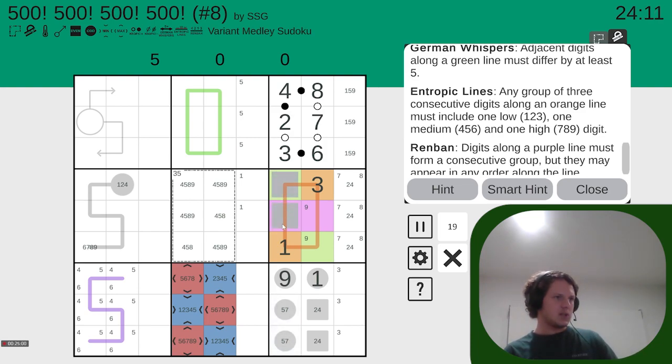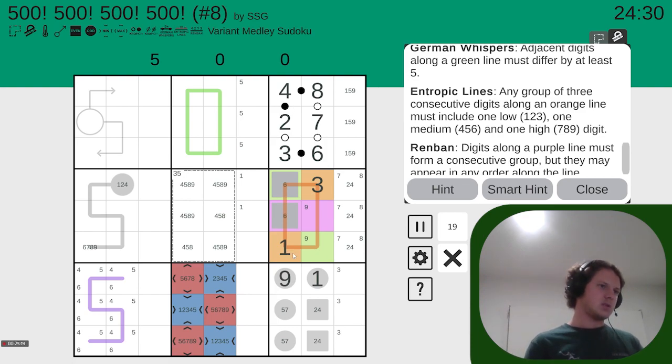So this will tell us about the nature of this. So this has to be now a 6. 4, 5, 6. Yep, so for the middle digit, it can't be a 4 or a 5 for the middle digit, so it has to be a 6.